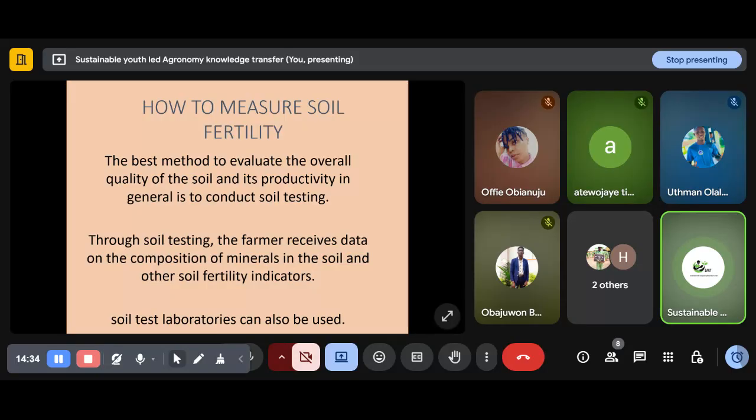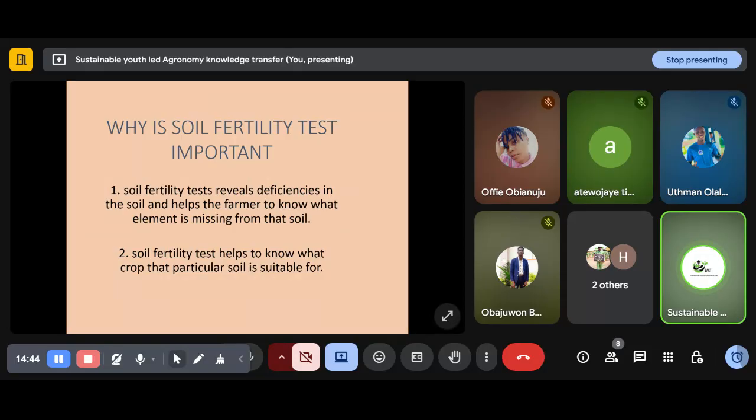You can do it by going to a test laboratory. Although of recent there are handheld pH meters that you can use, if you have the money you can go to the lab and do a holistic test so that you see everything.